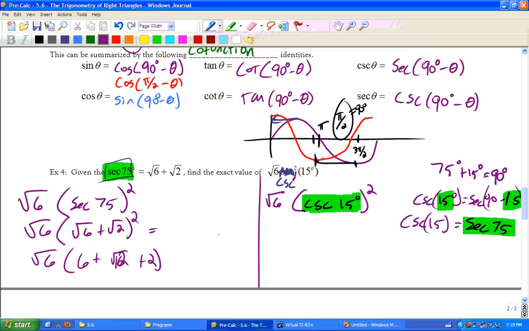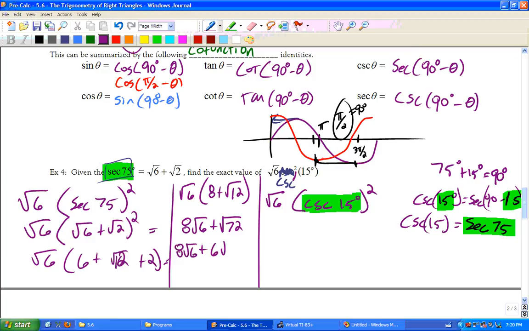We can keep simplifying this to say that equals the square root of 6 times 8 plus the square root of 12. And we can distribute to get 8 square roots of 6 plus the square root of 72. There are the perfect squares. We can simplify a little bit. 8 square roots of 6 plus, I think, a factor of 36 exists. So that's 6 square roots of 2. And there's our final solution.